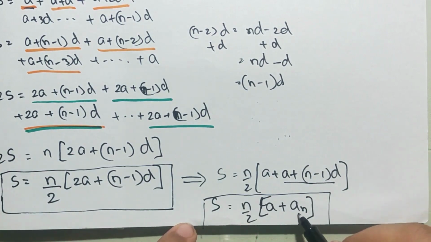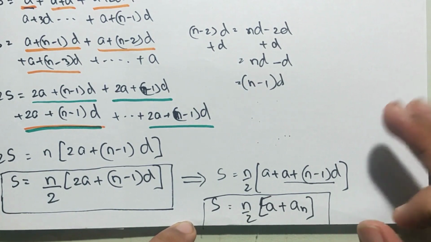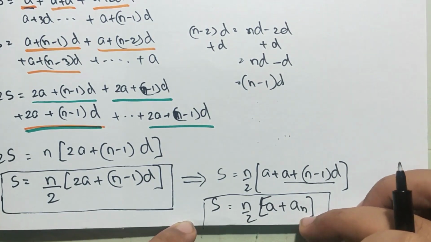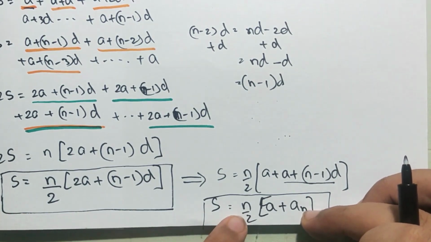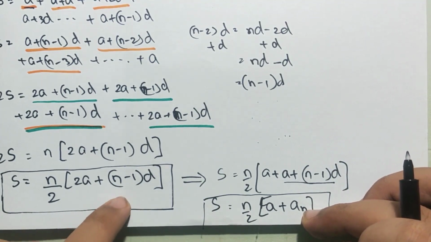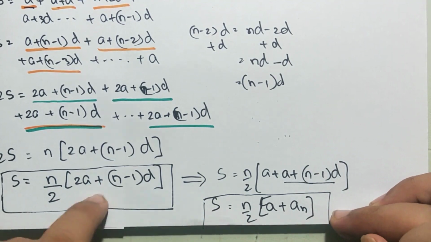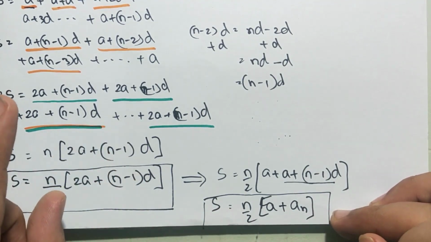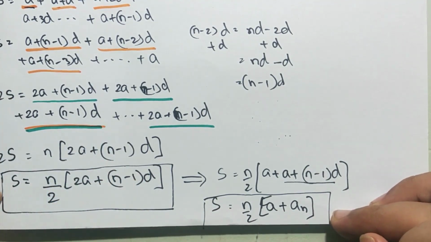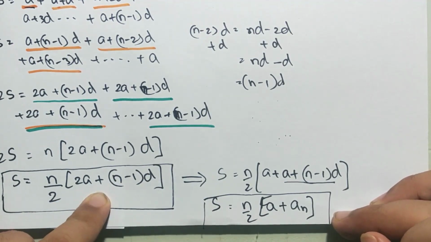Why? This an should actually be the last term of the AP. If you don't know the last term of the AP, you cannot use this formula. Then you have to use the other formula. They are both the same, but if the last term is given to us, along with the first term, we will use this formula. If the last term is not given, and any general middle term is given to us, we will use the other formula.